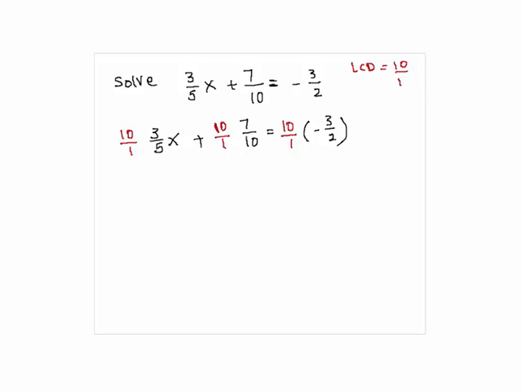Let's see who can write down the simplified equation first. Over here we're going to reduce. This becomes 1. This becomes 2. So 2 times 3 would be equal to 6x. That would be my first term.